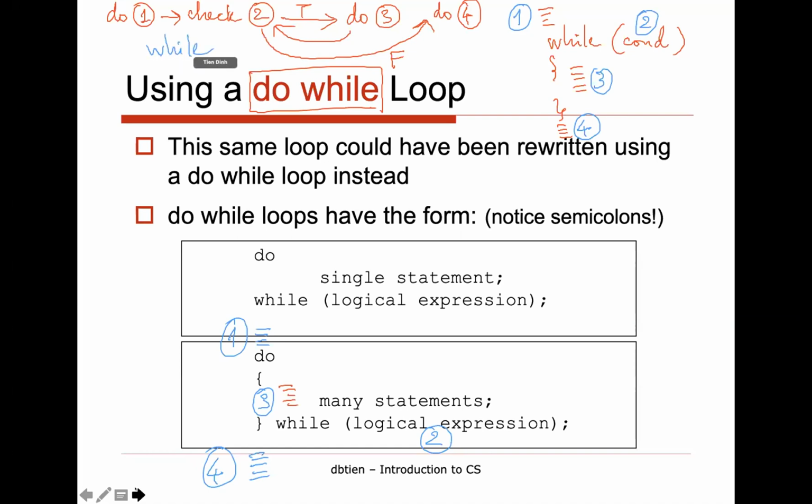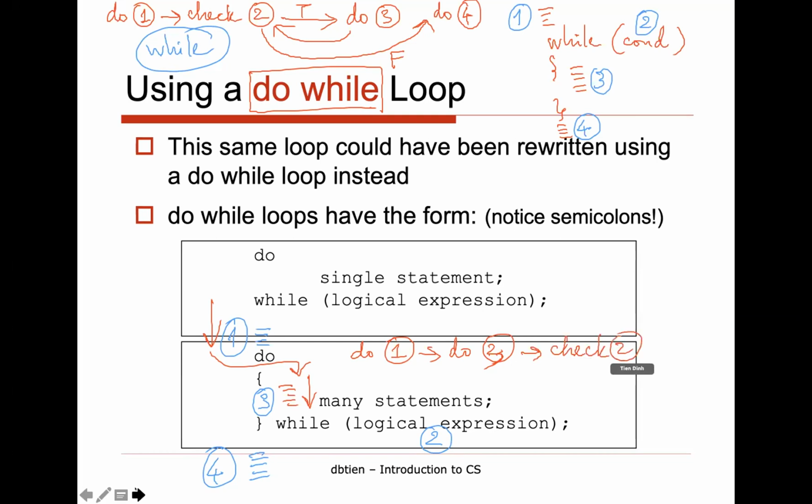So how does it work with the do while loops? The do while loop, on the other hand, I will do this way. Firstly, I do number 1, the same thing. Then I do number 3, and then I go in here and do number 3. So do 1, do 3, and then check number 2.